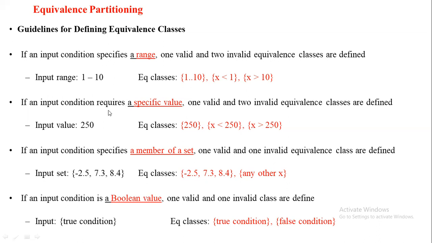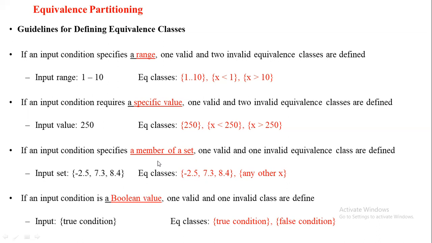The second guideline is, if your input condition is a specific value, say I want x is equal to 250, then to check whether I am getting the perfect output, I have to give one valid test case, that is x is equal to 250, and two invalid data, that is x less than 250 or greater than 250.